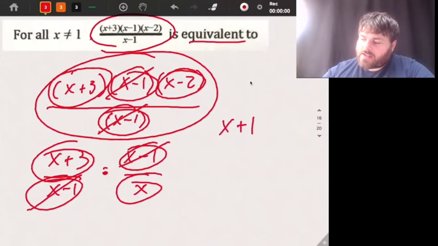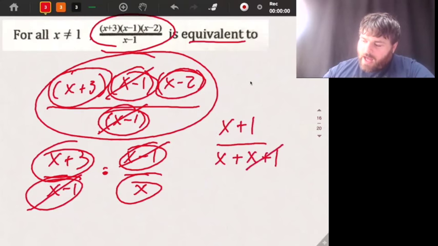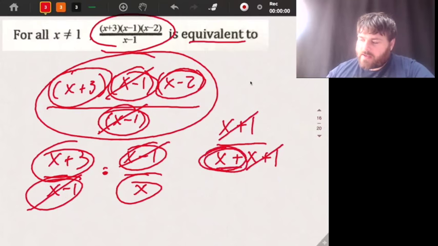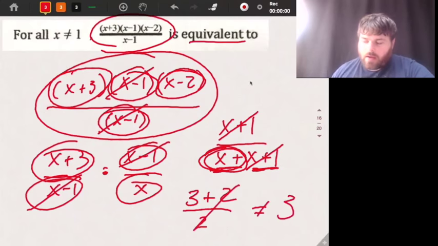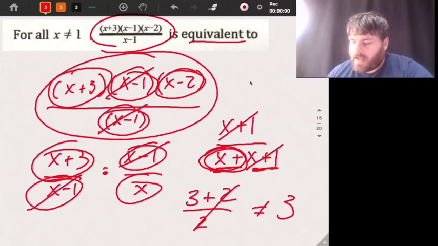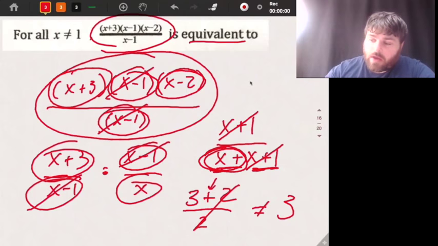If I had this, I would not be able to cancel because right here I have an x plus something. This is addition. Sort of like how 3 plus 2 divided by 2 does not equal 3. Okay? You can't cancel if there's a plus sign in there. Now you're going to argue with me and say, well, look, there's a plus sign right here.